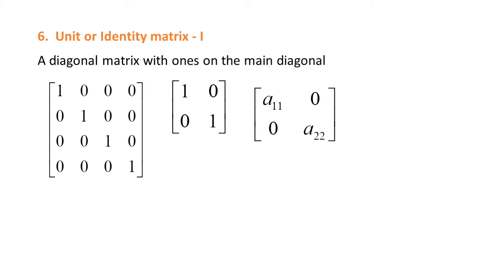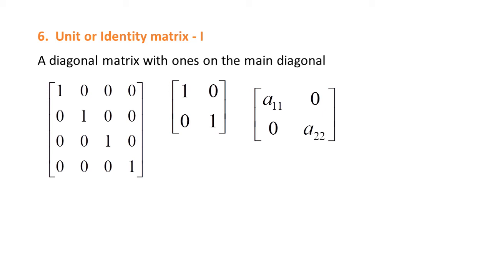So a unit matrix should be a diagonal matrix. If it is a diagonal matrix, it will be a square matrix. And in the main diagonal, all the numbers should be 1. So then we say it is a unit matrix or identity matrix.